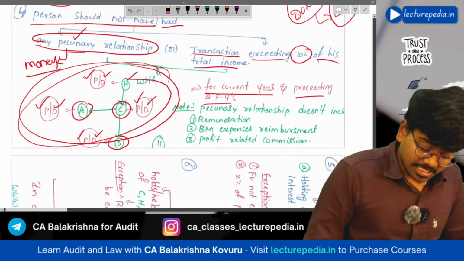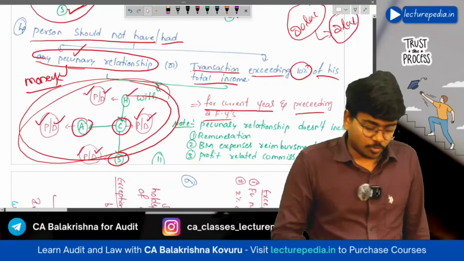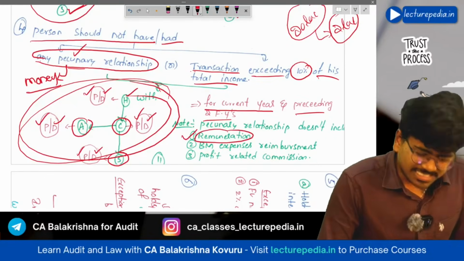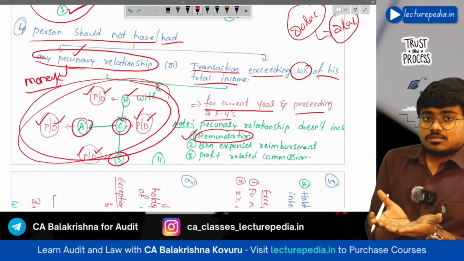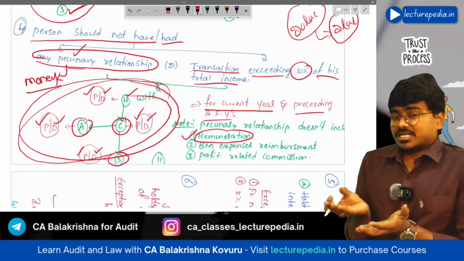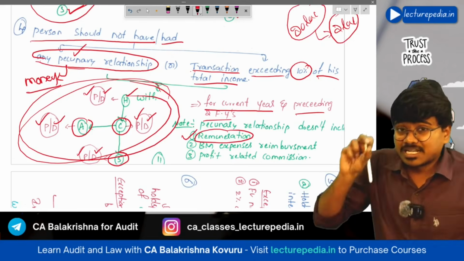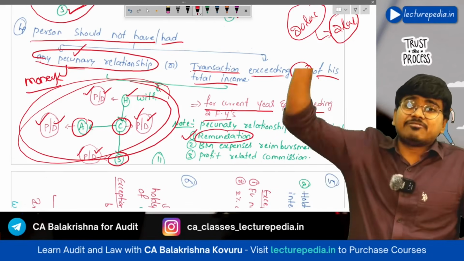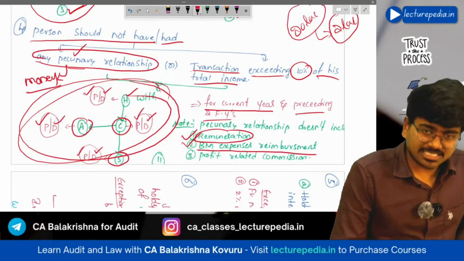And also, the following transactions will not come under pecuniary relationship. What are they? Remuneration that the director is taking from the company. The independent director is providing certain services to the company, so in return for those services he should get some remuneration, right? That remuneration will not be treated as having a pecuniary relationship. Next, board meeting expenses reimbursement.